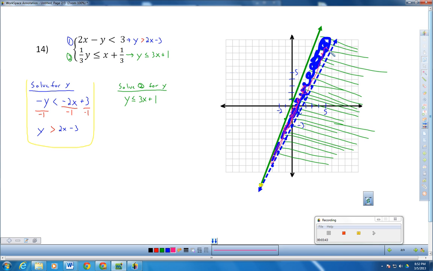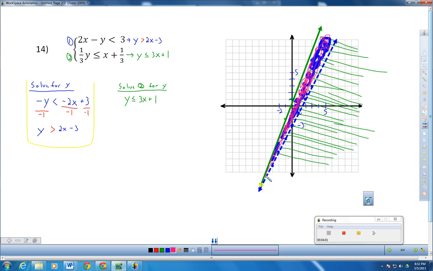I've got the blue line below, that blue inequality, and then I've got the green solid line above. So this is that region, goes all the way down to, right?